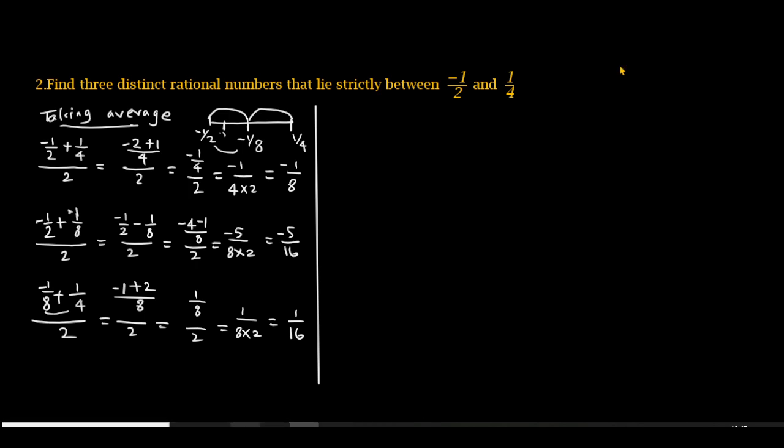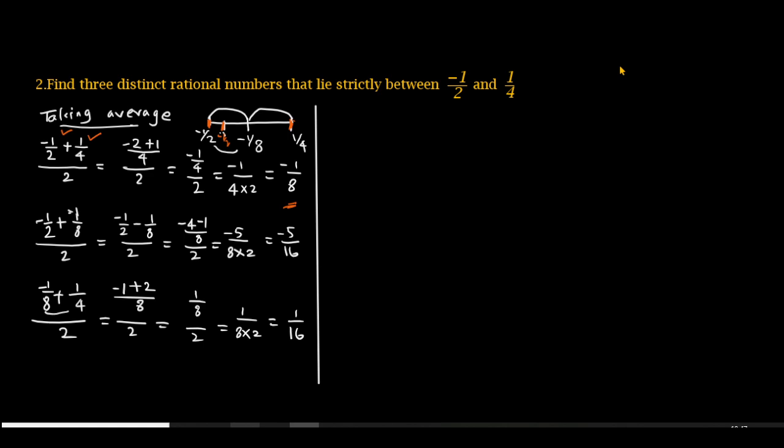First we found the average of minus 1 by 2 and 1 by 4. The average of these two numbers is nothing but minus 1 by 8, so exactly that is the middle number, minus 1 by 8. Next, the middle number of minus 1 by 2 and minus 1 by 8, that is the average of minus 1 by 2 plus minus 1 by 8 divided by 2.